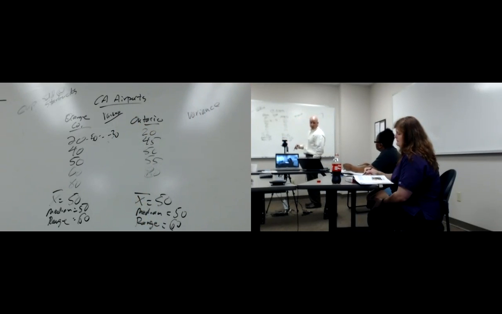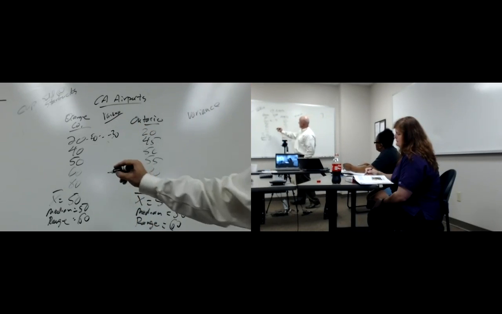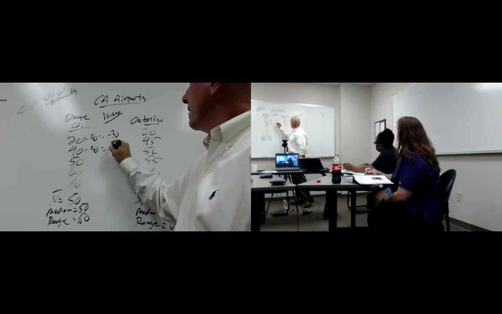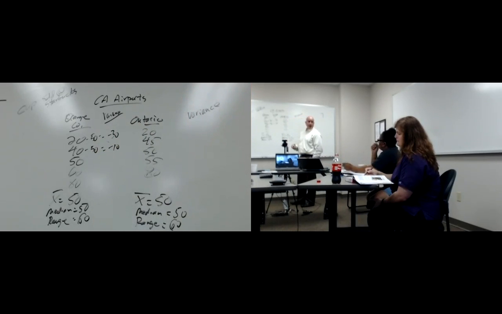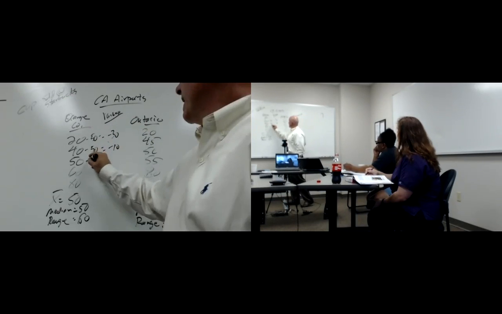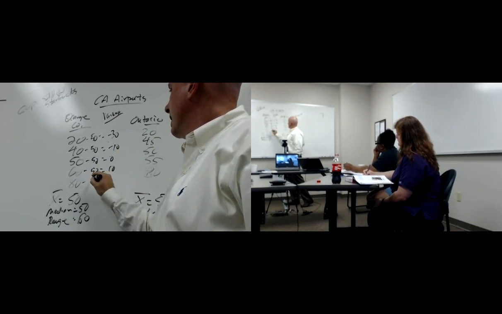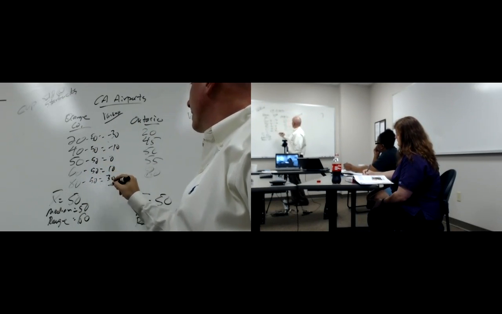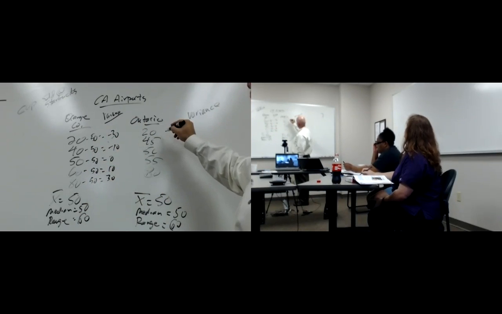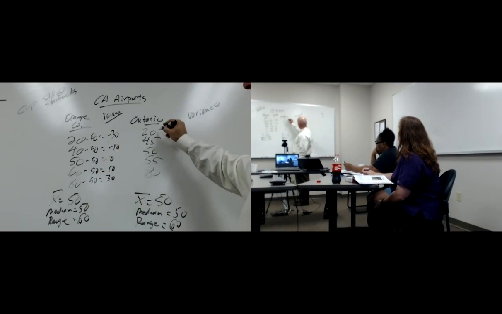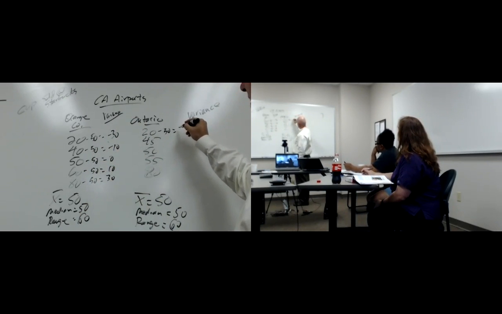Now here, 40 minus 50 is minus 10. 50 minus 50 is 0. 60 minus 50 is 10. 80 minus 50 is 30. And here I have the same mean.